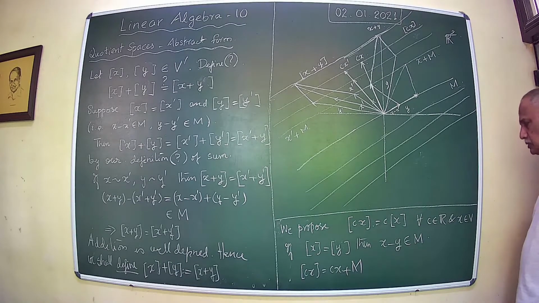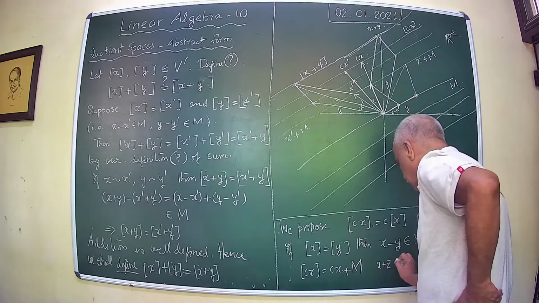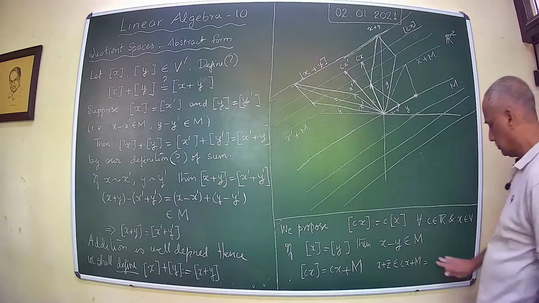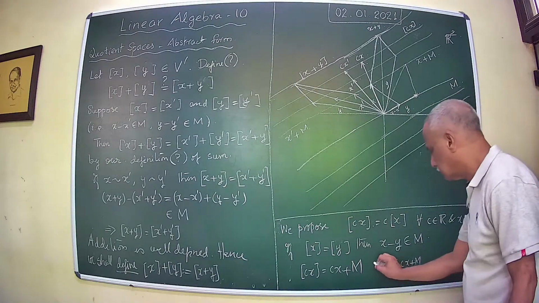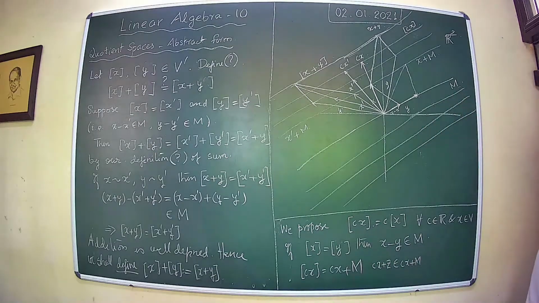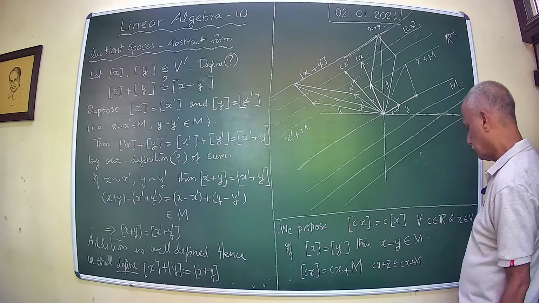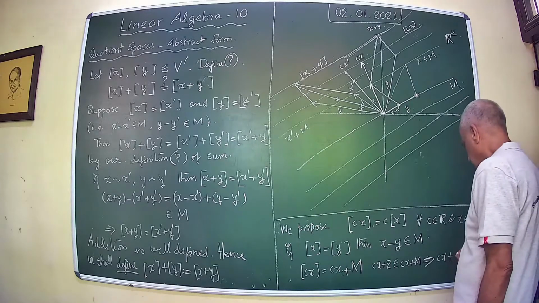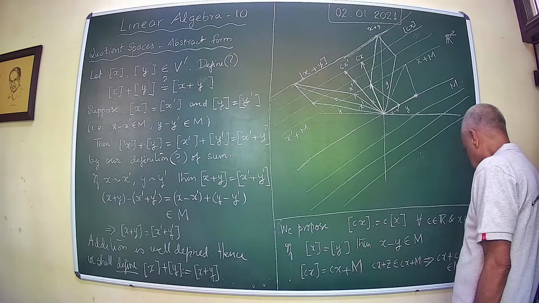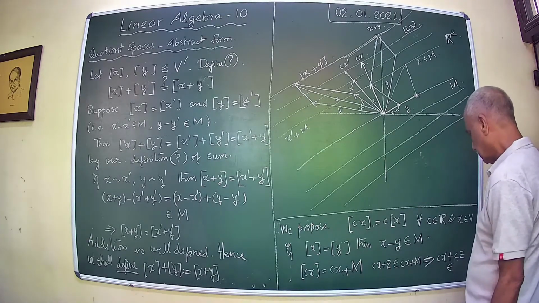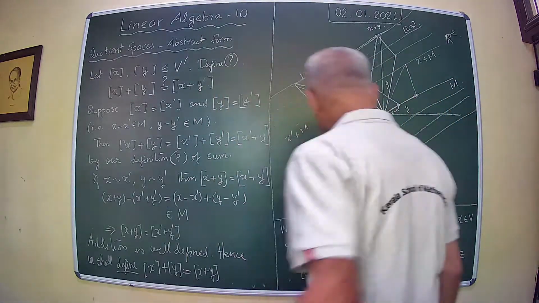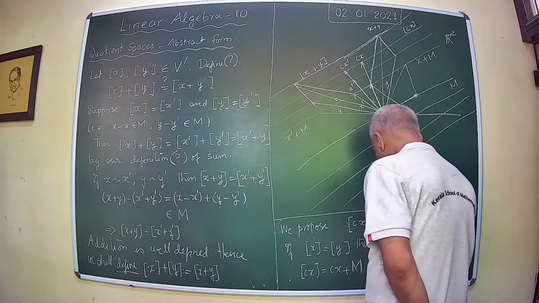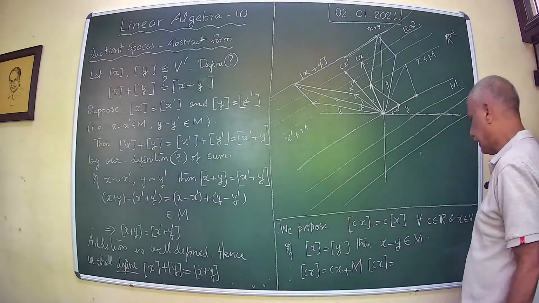Now you see that x plus z. Our claim is that Cx plus M, first of all Cx is equal to C times.